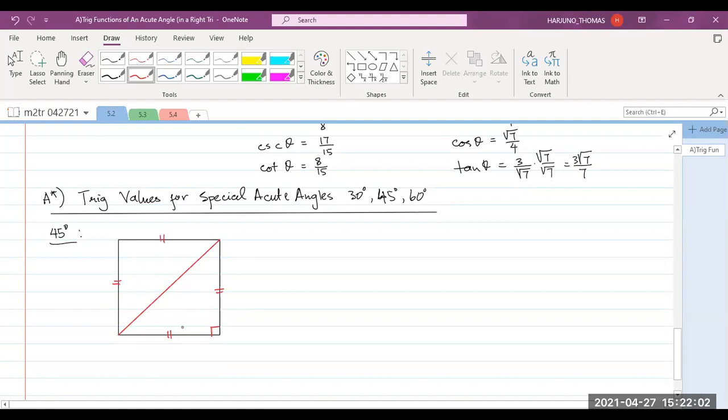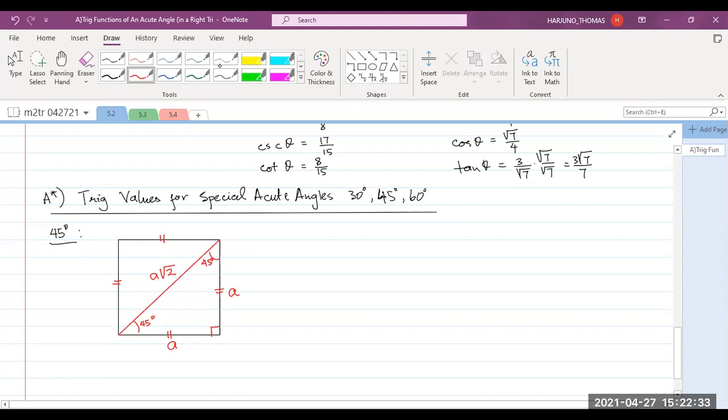Okay, suppose the side of that square is A, then the hypotenuse must be A square root of 2. Now, because this angle here is the bisection of a right angle, then automatically this will be a 45 degree triangle. That's 45 degrees, and this must be 45 degrees also.